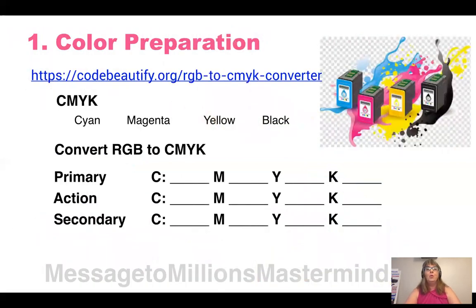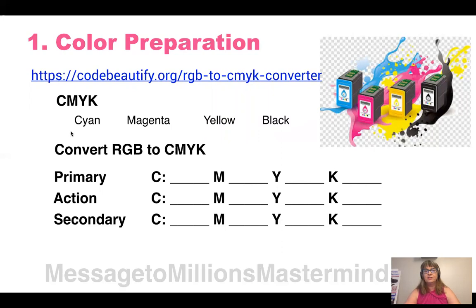Now, when you are preparing to go to the printer, you'll remember in lesson 2 on colors, we talked about RGB and what are called hex color codes. Those are prominently used on the internet. When you want to go to a printer, they actually deal with what's called CMYK.